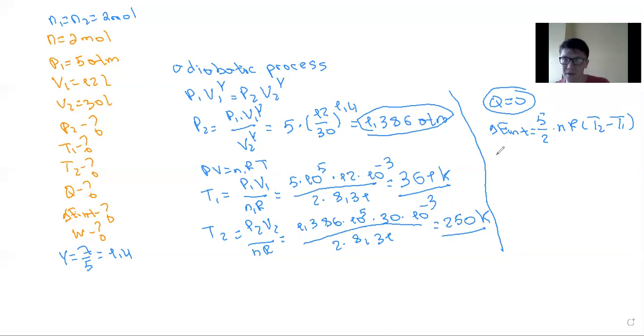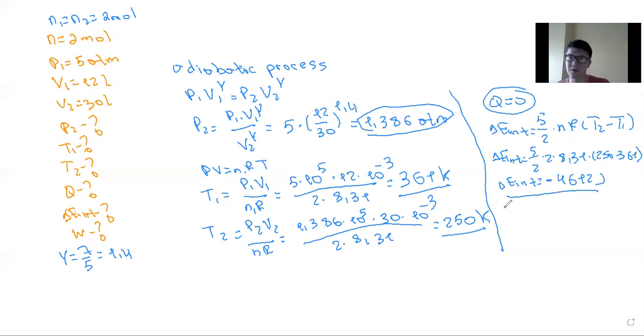So delta E initial equals 5/2, n is moles 2, R 8.31, times T2 which is 250 minus 361, and it will be with a minus sign. It will be minus 4,612 joules.